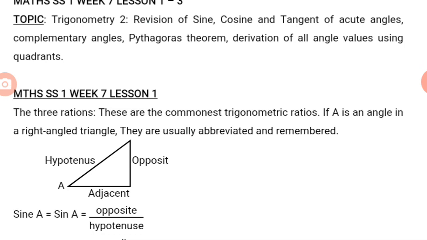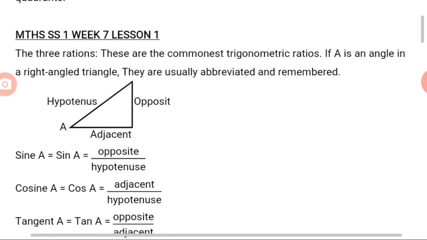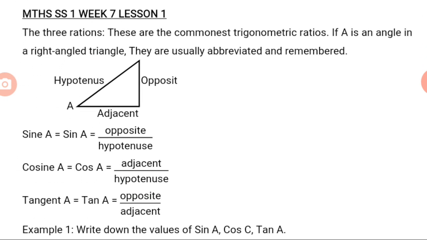Now let us look at sine A. Sine is soh, that is opposite all over hypotenuse.